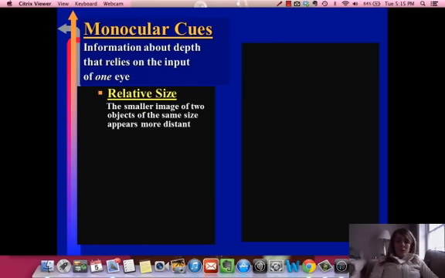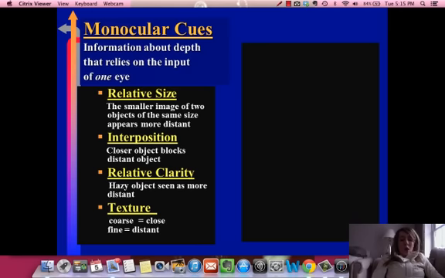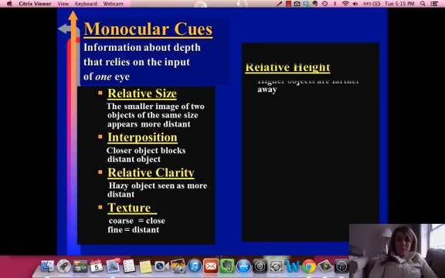The first one is relative size. This is the idea that the smaller image of two appears more distant. Interposition: when one object is blocking the other object, the one that's blocking it looks closer. Clarity: hazy objects are seen as more distant. Texture: the closer the object is to you, the coarser it looks. The further away, the smoother it looks.